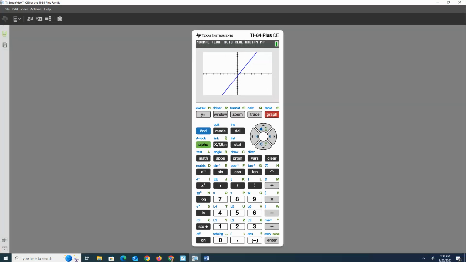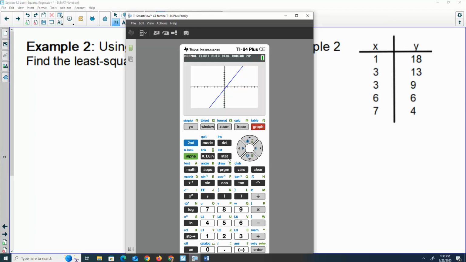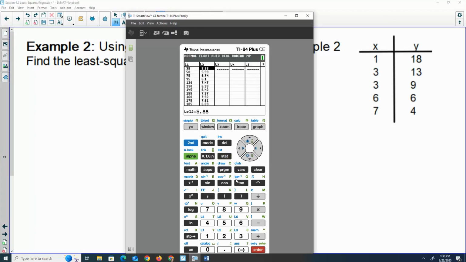Okay, so if I'm doing this on my calculator, enter your data into L1 and L2. Remember, these are ordered pairs, so order does matter.